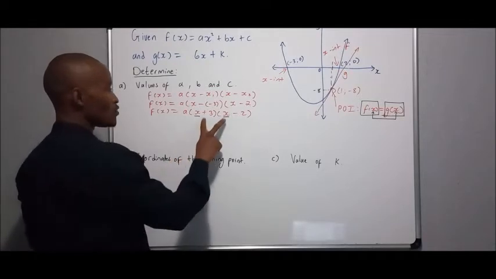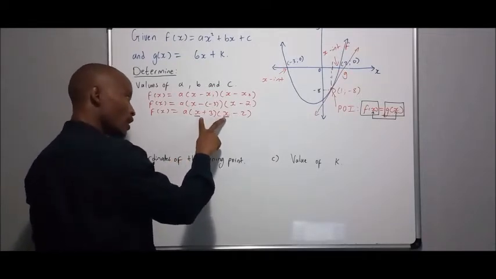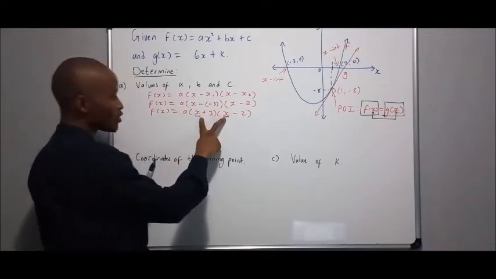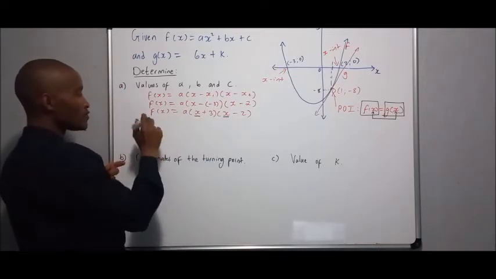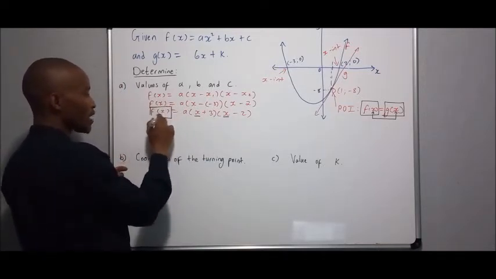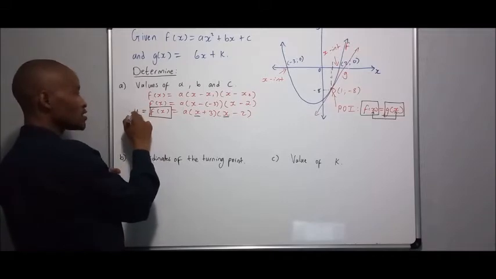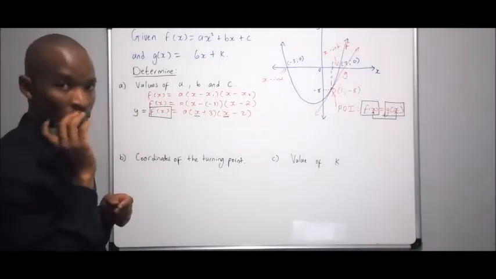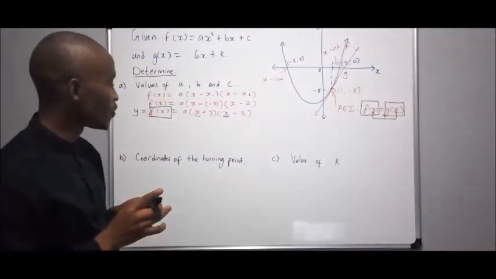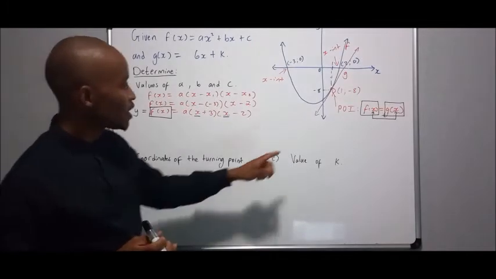So if we can get another point on the graph that we can substitute for the x coordinate and here for the y coordinate. Remember, f of x is just a notation we give to differentiate the functions if we have more than one.